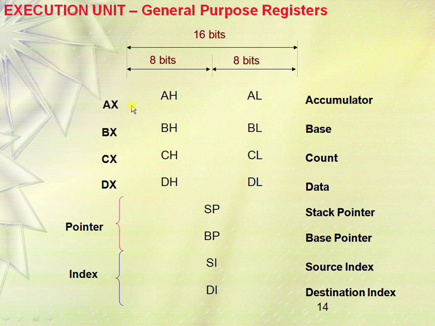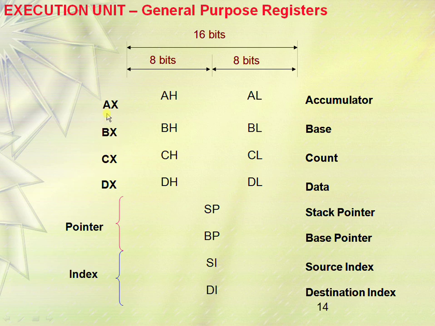All these registers can be accessed as 8-bit halves, named AH and AL, BH and BL, CH and CL, or DH and DL, or else they can be accessed with their 16-bit register names AX, BX, CX and DX.